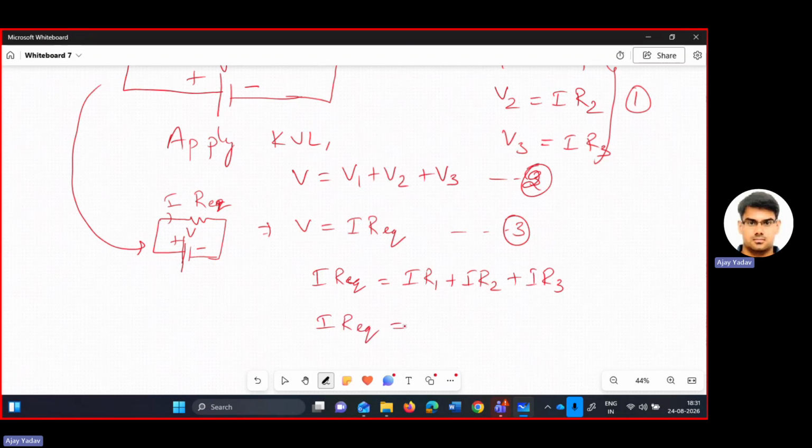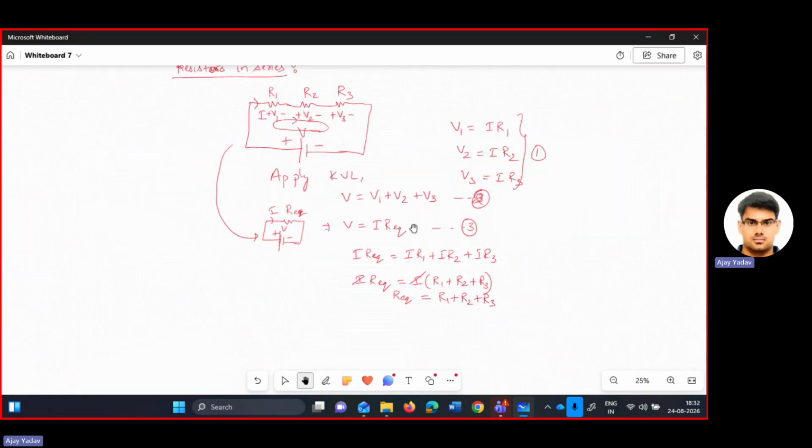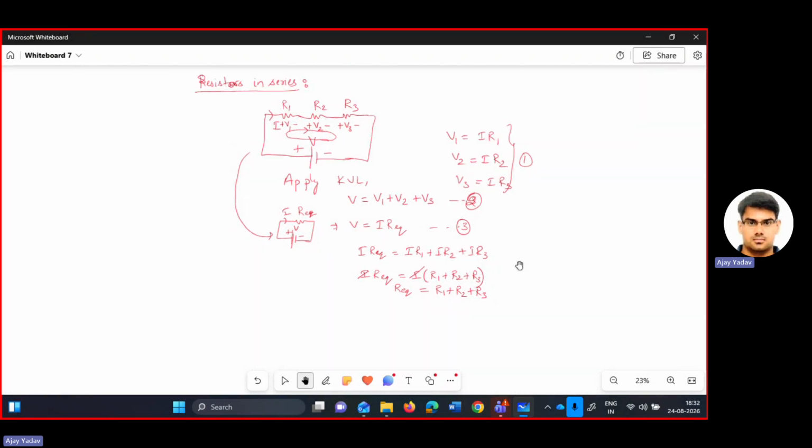So I into R equivalent is I times (R1 plus R2 plus R3), and R equivalent is R1 plus R2 plus R3. So in this manner, when resistors are in series, the equivalent resistance is the simple addition of the resistances in series.